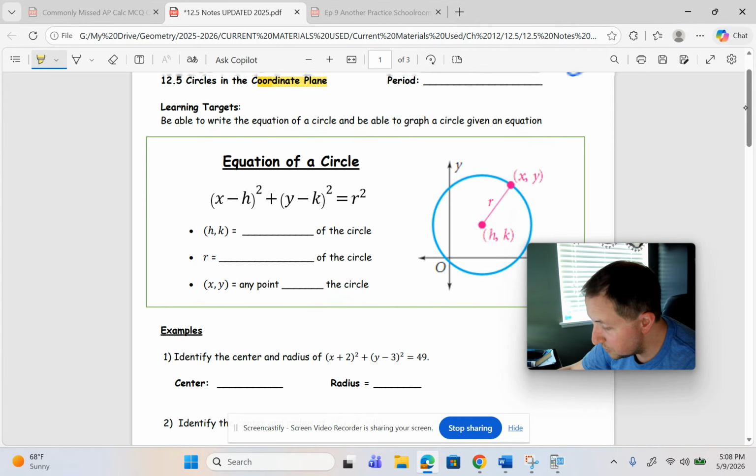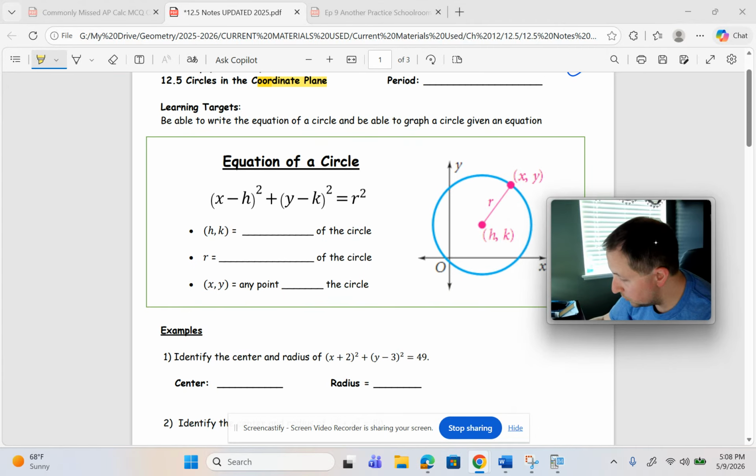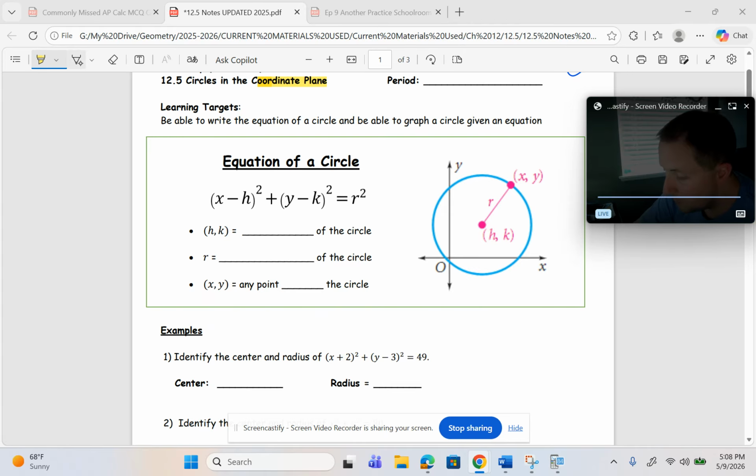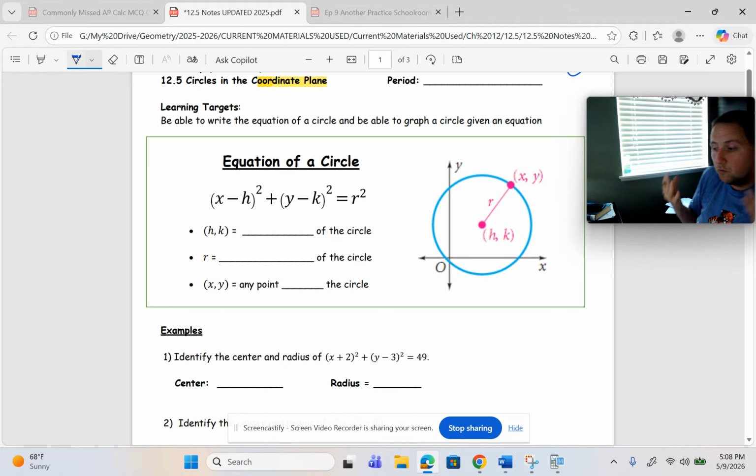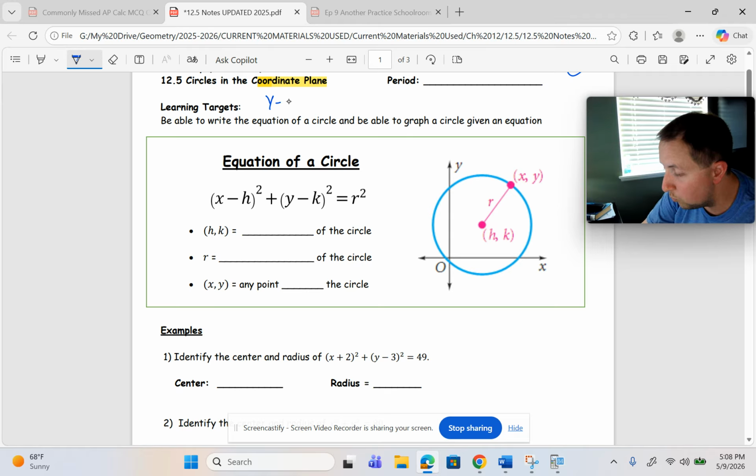So first thing, just like when you were in algebra class last year, you learned that the equation of a line could be written in the form y equals mx plus b, or we often looked first semester at the equation of a line in point slope form, which remember was y minus y1 equals m, which is the slope, times x minus x1. That was the equation of a line with a point on the line of x1, y1, and the slope was m.